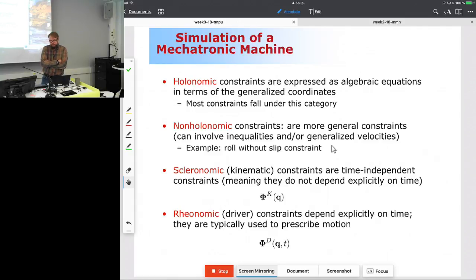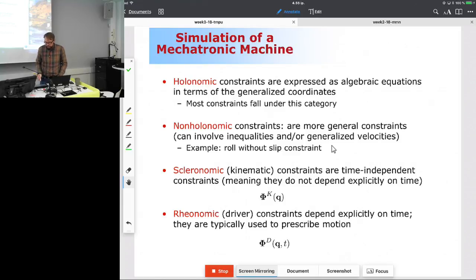But just for your information, holonomic constraints are something that we most often deal with. They are defined as an algebraic equation in terms of generalized coordinates, so they depend on generalized coordinates only. A revolute joint is an example of a holonomic constraint.